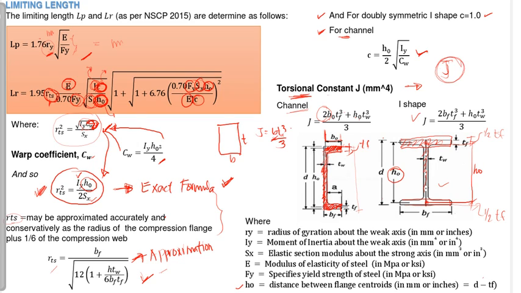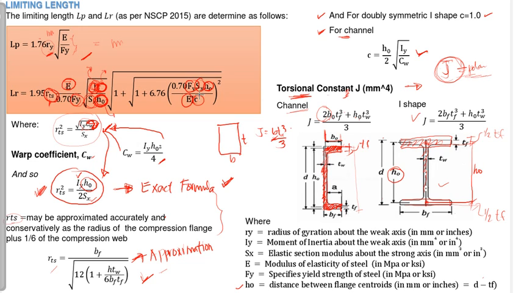That J is different from this torsional constant J. Since J is also the variable used for the polar moment of inertia, that one is different from the torsional constant here. So, that is for the J.